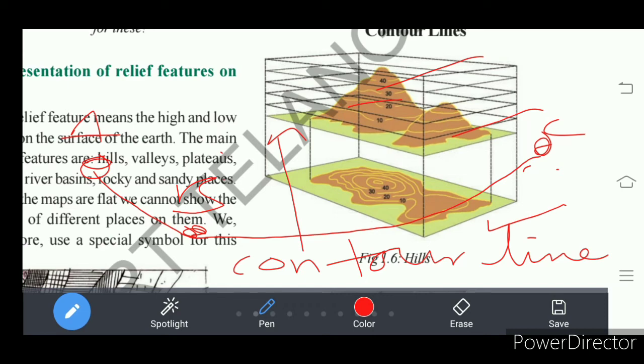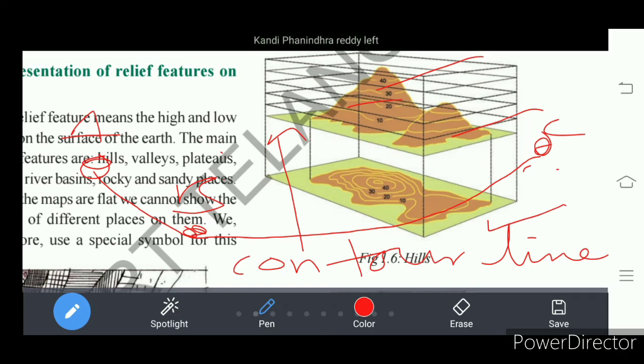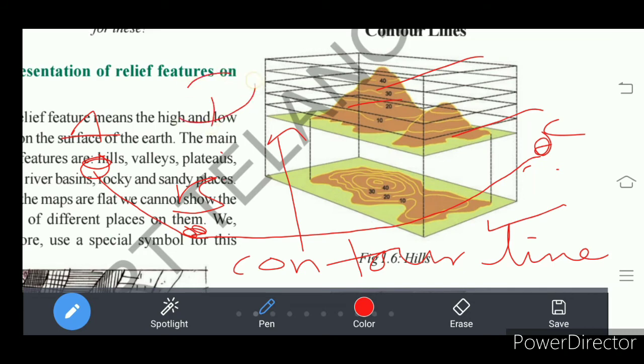Understand? So contour lines are used to show the different places which are at different heights. These are also called isolines. Contour lines are also called isolines.